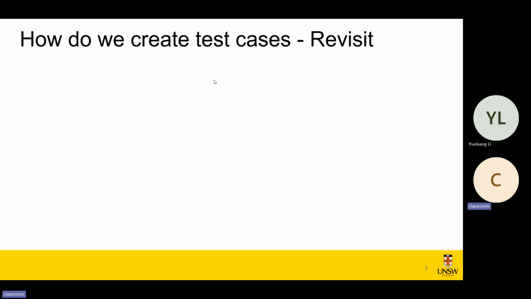First, let's revisit how we create test cases. We have learned that software testing is basically to generate some inputs, try the program with the inputs we have generated, and see what happens, right? This is essentially what testing does.